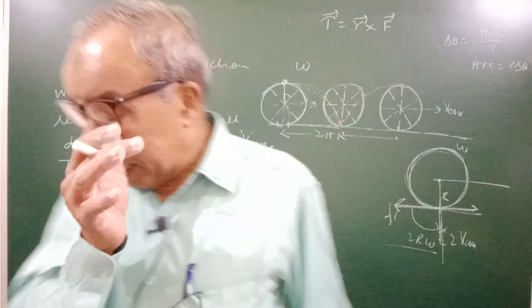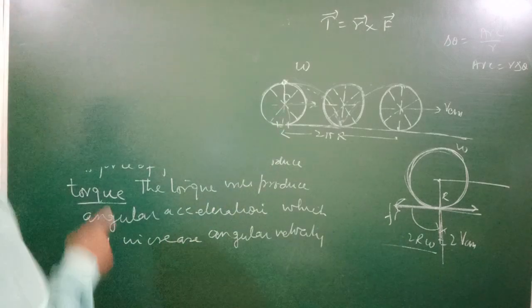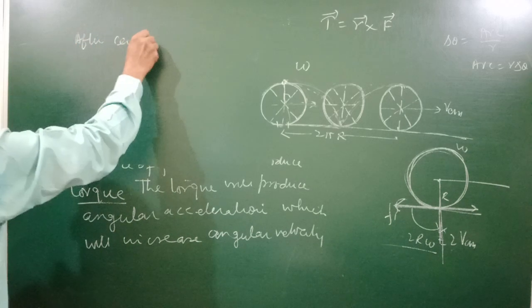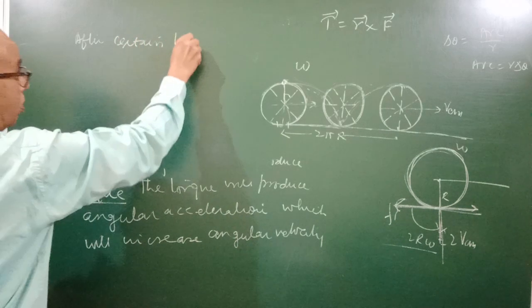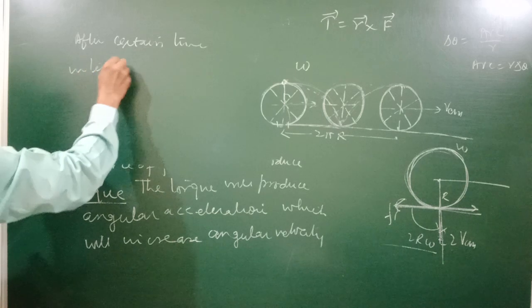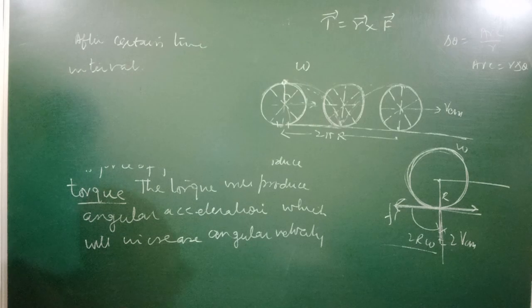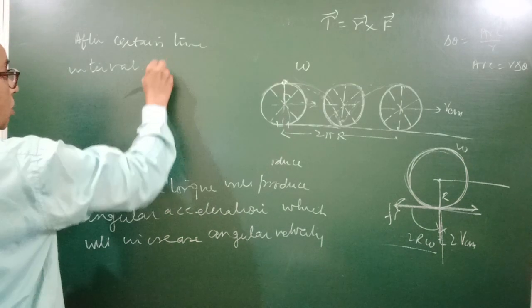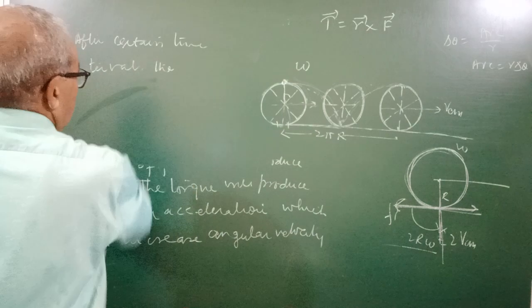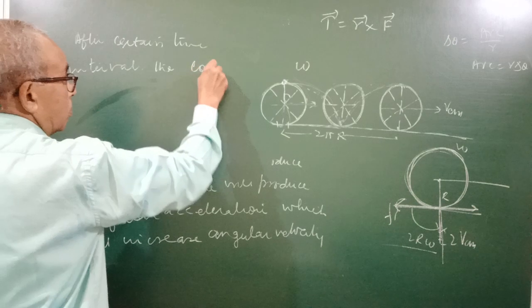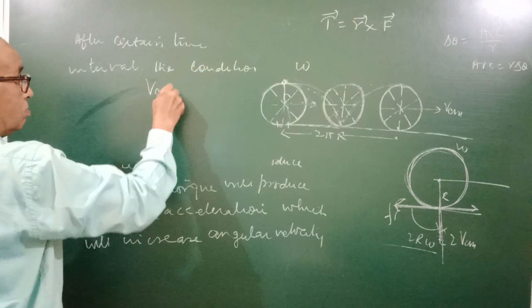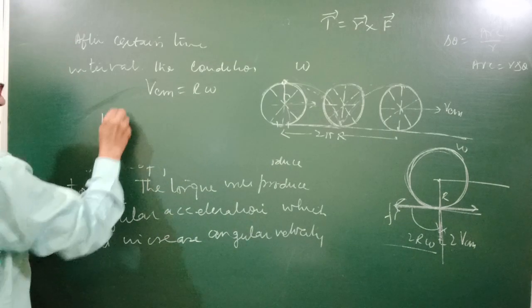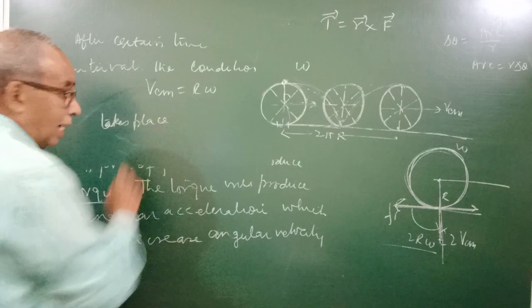After a certain time interval, with linear velocity decreasing and angular velocity increasing, the condition VCM equal to R omega takes place, and hence perfect rolling begins.